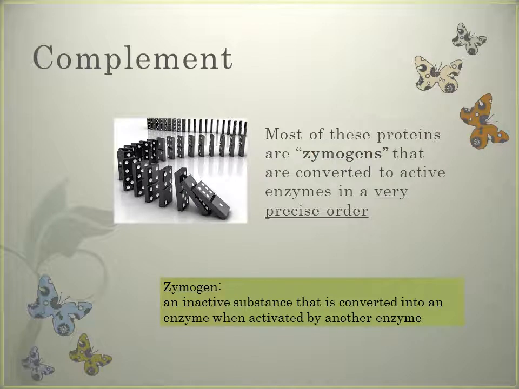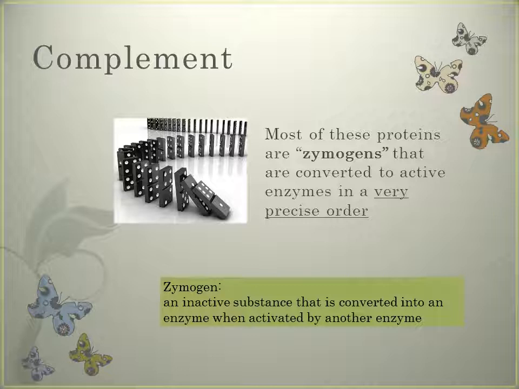Most of the protein molecules that are part of the complement system are zymogens, and that's simply a term that means they're inactive until an enzyme converts them into an active form. And the reason for the little graphic of the dominoes is this. Probably most of us have done this with dominoes in our childhood, or you can go online and see huge demonstrations of thousands of them.